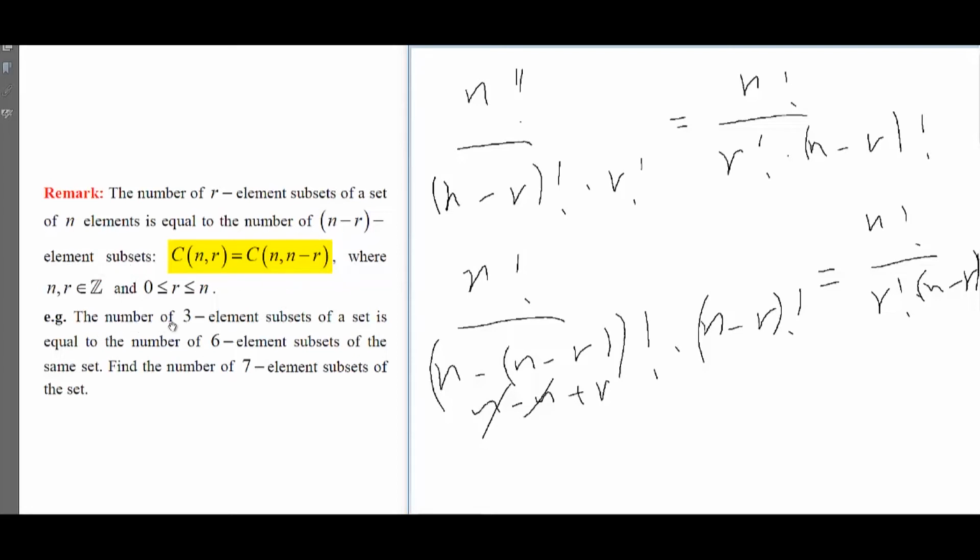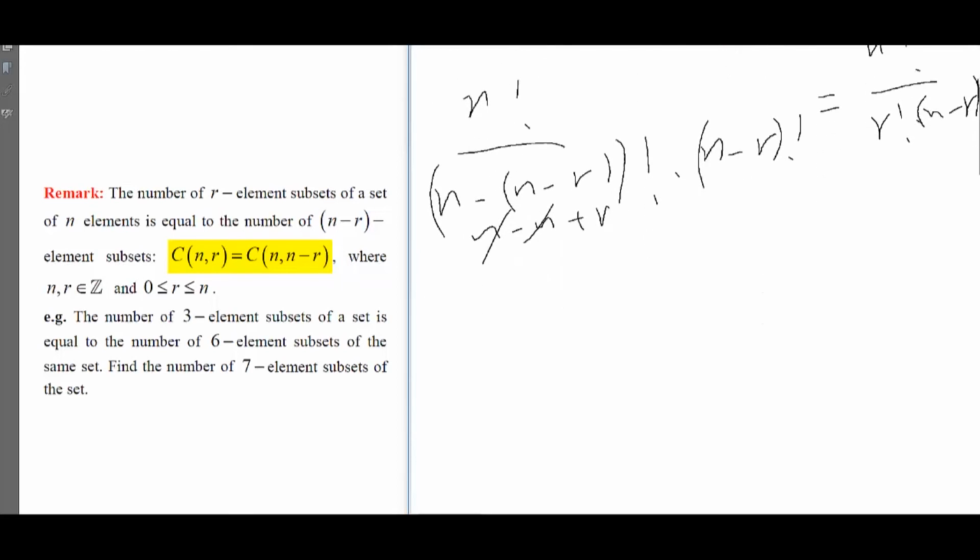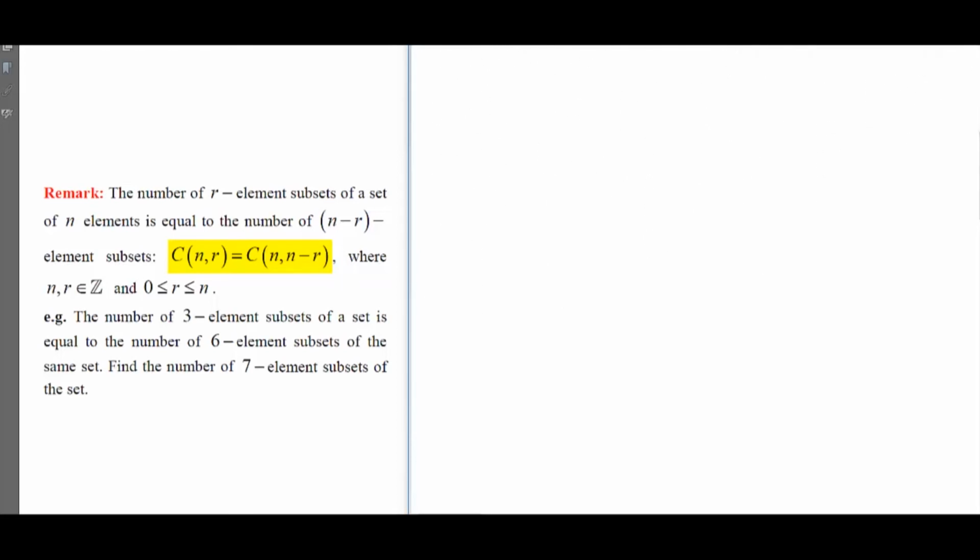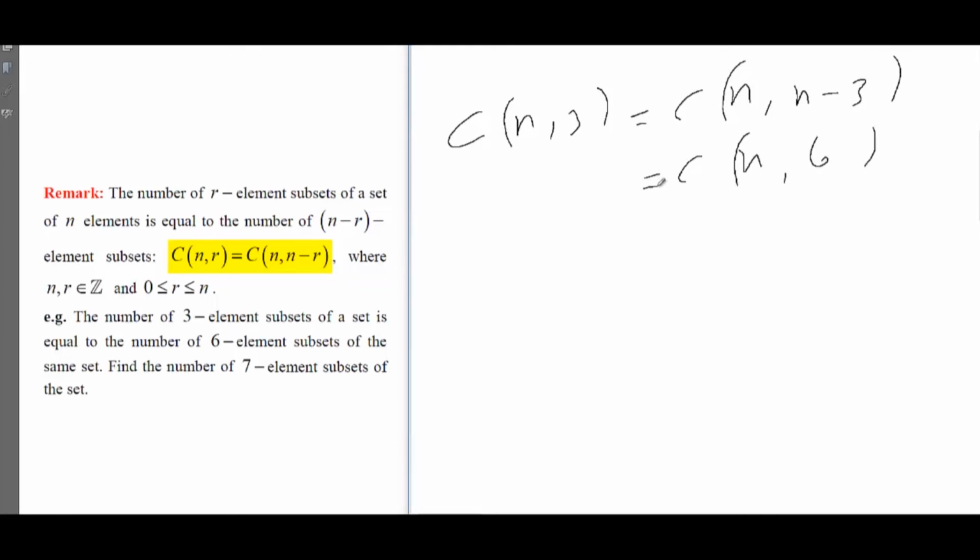For example, the example says that the number of 3 element subsets of a set is equal to the number of 6 element subsets of the set. It means if we say that the combination of 3 from n is equal to the combination of n minus 3 from n, which is the combination of 6 from n at the same time.